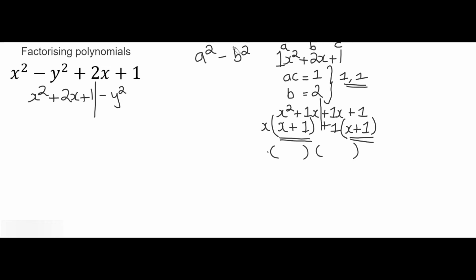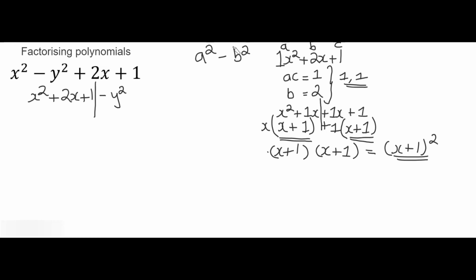So the two same brackets, we'll write as one bracket, and whatever constant and variable we have on the outside of those two equal brackets, we'll write in the next bracket. Please do note, not all the time will these be the same. x plus 1 times x plus 1 can also be written as x plus 1 to the power of 2. So we have factorized x squared plus 2x plus 1 to x plus 1 to the power of 2.